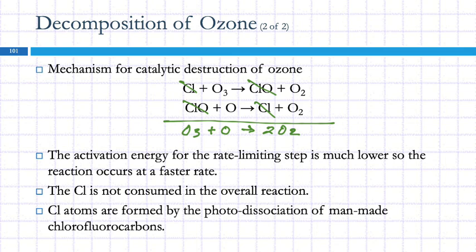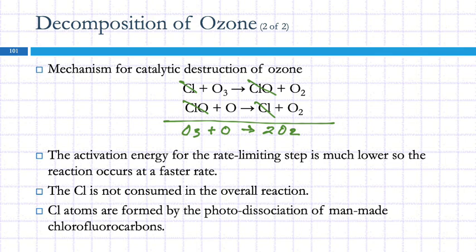Well, where do the chlorine atoms come from that catalyze the destruction of ozone? They come from us, our activities. Chlorofluorocarbons. These have been used historically in Freon, which is in your air conditioner, also as propellants in aerosol cans.